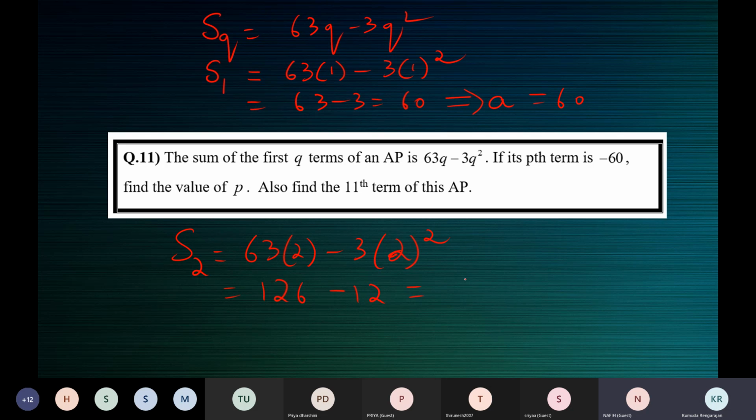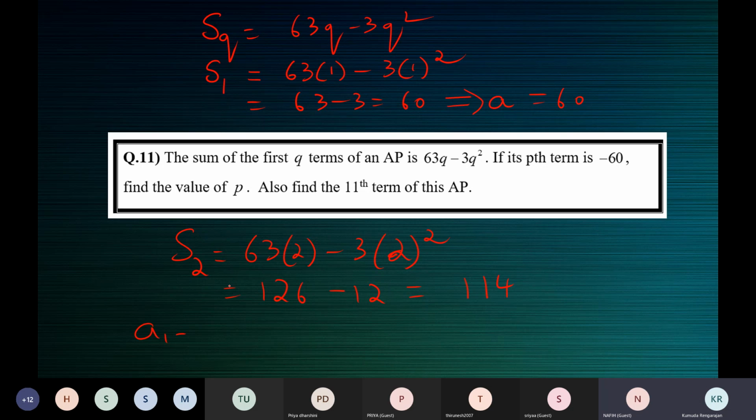So this is 114. Children, what is S2? How do you understand S2? S2 is 114. A1 plus A2, ma'am. Very good, that's what I wanted. S2 is the sum to the first two terms, so that means A1 plus A2.